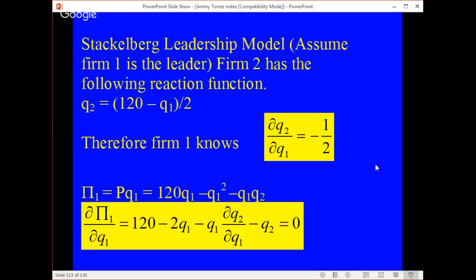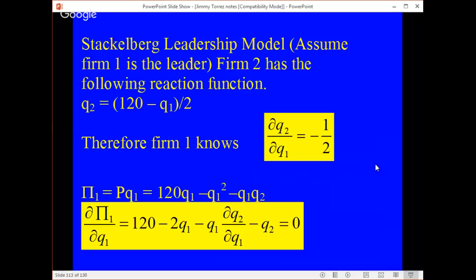If I take the derivative of my reaction function with respect to Q1, I get negative 1/2. The 120 over 2 is 60, that doesn't have Q1, so it goes away. So I get 1/2 Q1. So the partial is just negative 1/2.